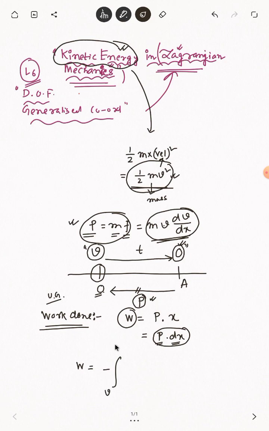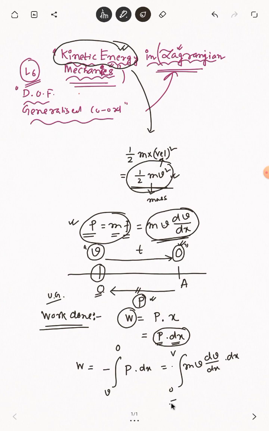Integral from v to 0 of P dot dx. What was P? This integration is reversed, 0 to V, and the negative sign is eliminated. So P was here m into V into dv dx into dx.